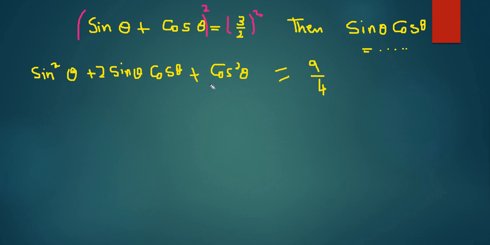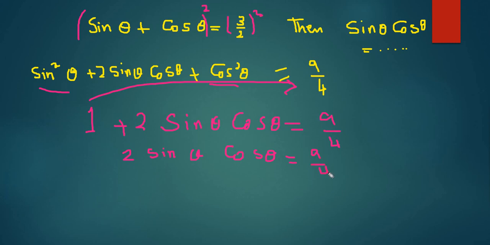We know sine power 2 plus cosine power 2 equals 1. So 1 plus 2 sine theta cosine theta equals 9 over 4. Put 1 beside the other, unlike terms: 2 sine theta cosine theta equals 9 over 4 minus 1.